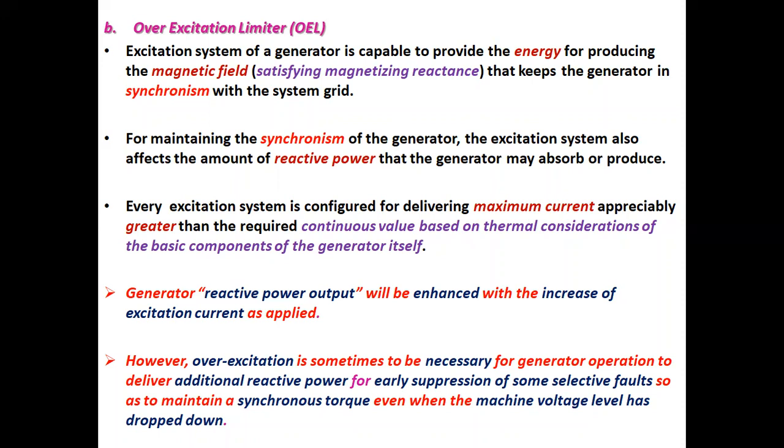Generator reactive power output will be enhanced with the increase of excitation current as applied. However, overexcitation is sometimes necessary for generator operation to deliver additional reactive power for early suppression of some selective faults, so as to maintain a synchronous torque even when the machine voltage level has dropped.